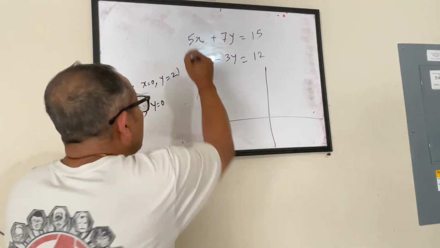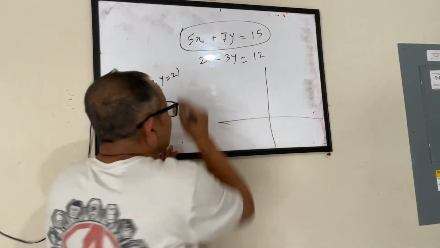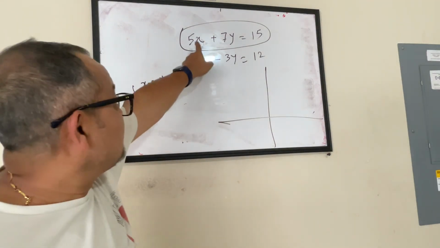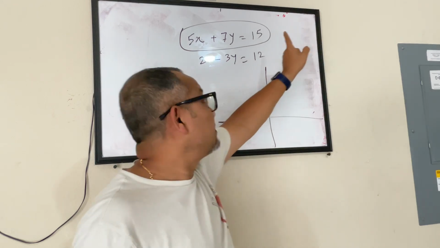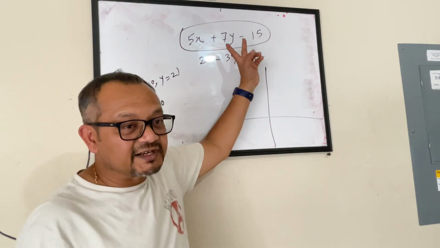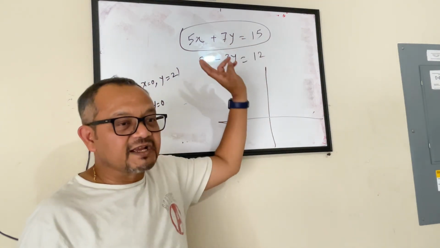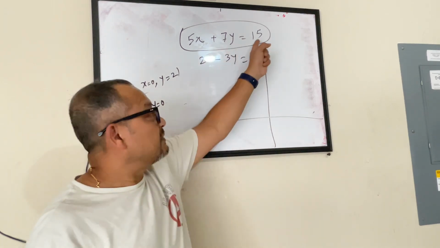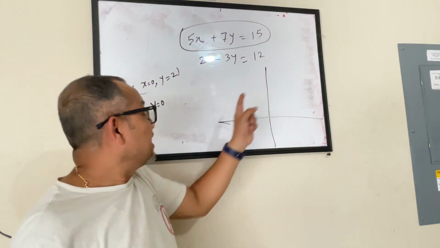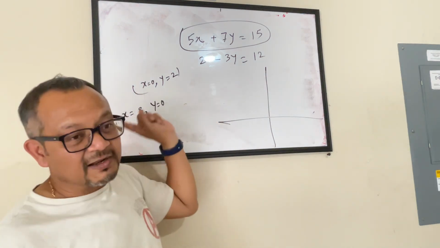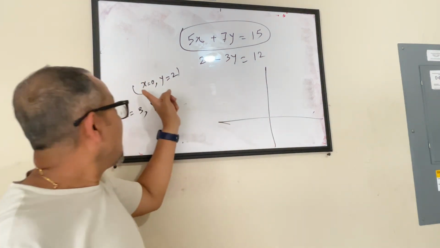I'm just dealing with the first equation so far, okay? I'm just trying to draw a line using this equation. The value of x and y will be such that 5x plus 7y will be equal to 15. This is the contract for this equation. Now, what did I do? I said, okay, fine, I'll remain within the contract. I picked x equals 0.